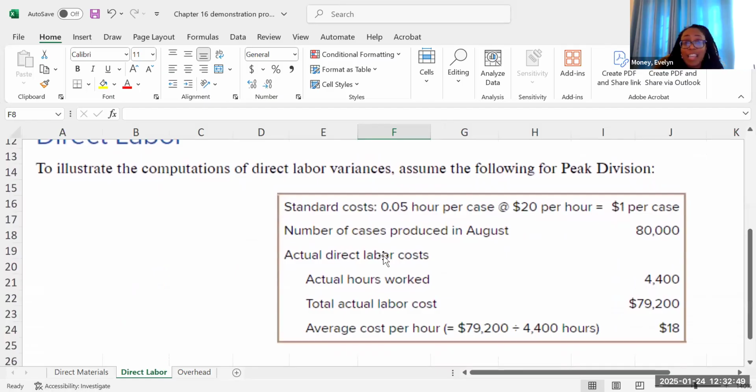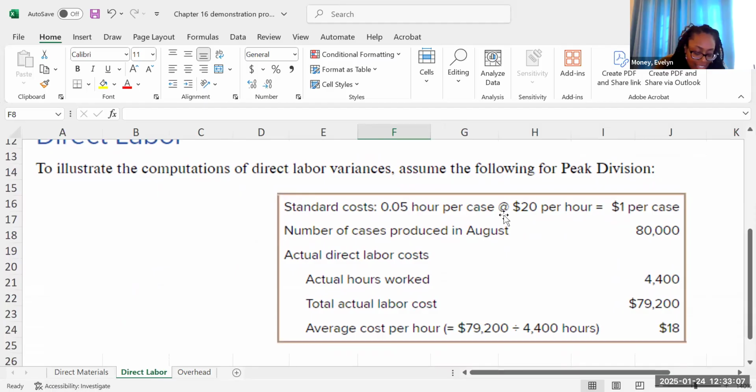So now for direct labor, I have my standard costs of 0.05 hours per case. And I always forget how many minutes that is. Let me see.